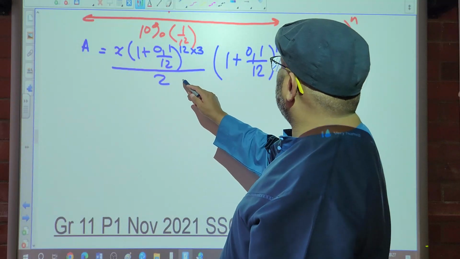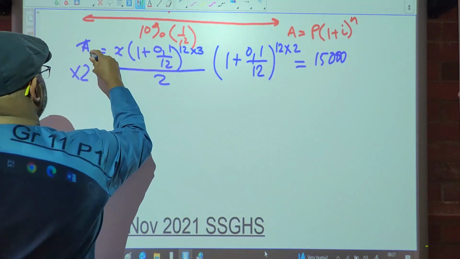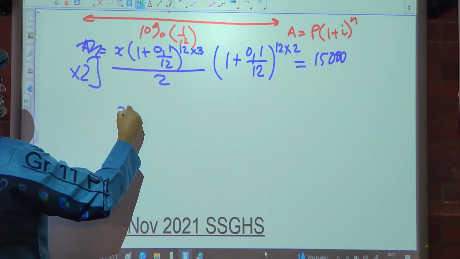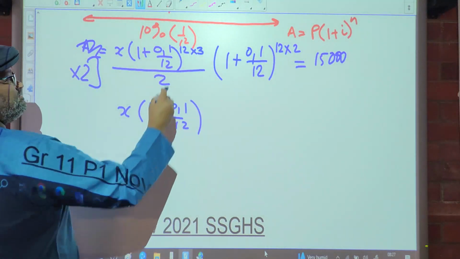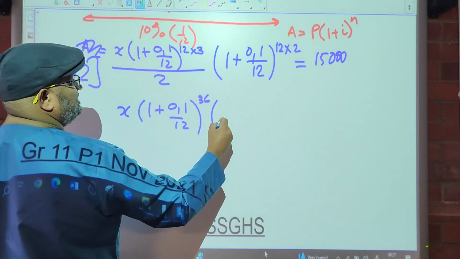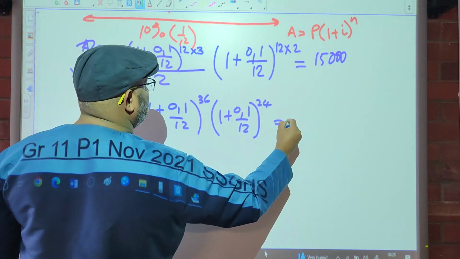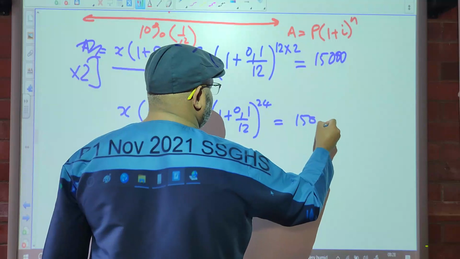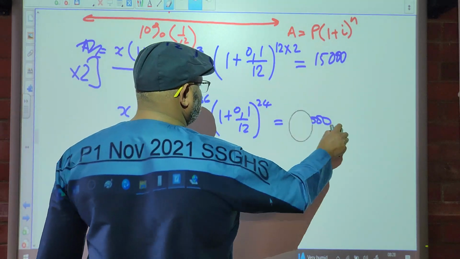I'm going to multiply both sides by 2 to get rid of the denominator. So I get x into 1 plus 0.1 over 12 to the exponent 36, times 1 plus 0.1 over 12 to the exponent 24, is equal to 15,000 times 2, which is 30,000 Rand.